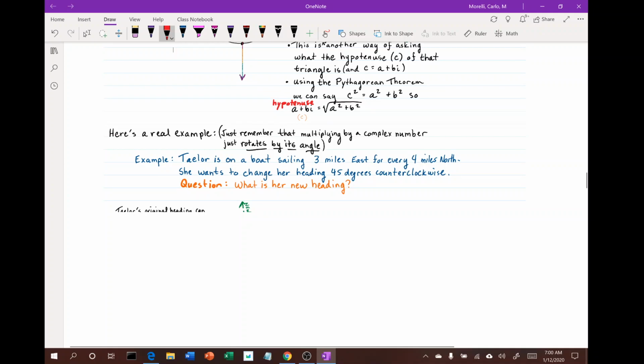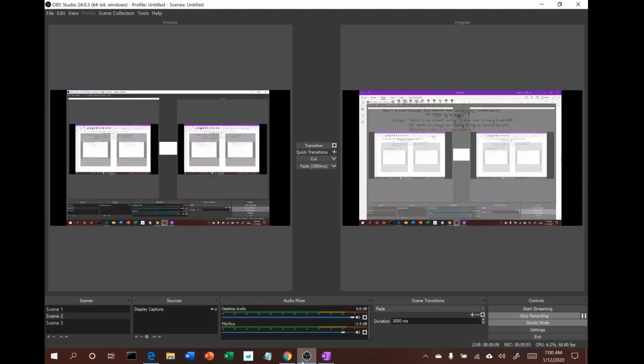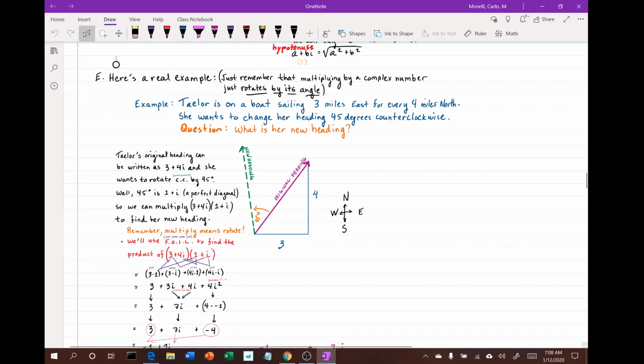Now we're going to move on to a real example. In this example, just remember that multiplying by a complex number just rotates by its angle.